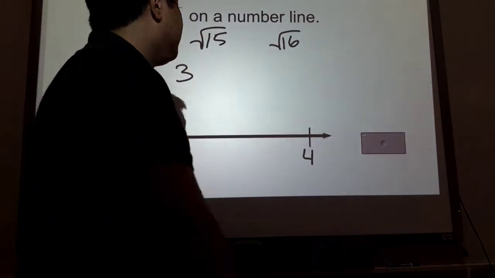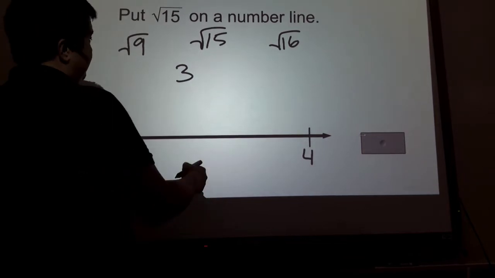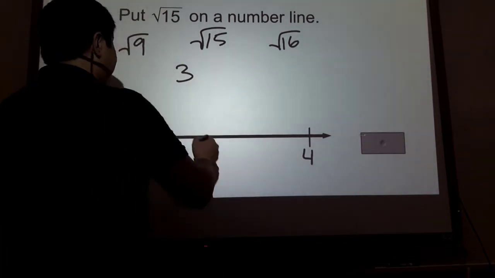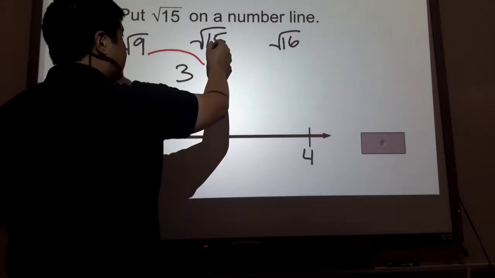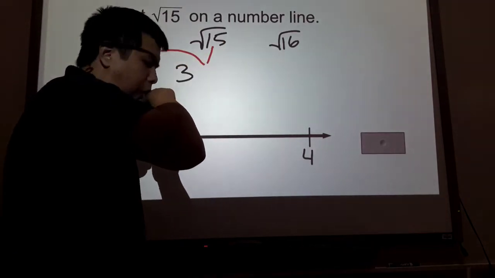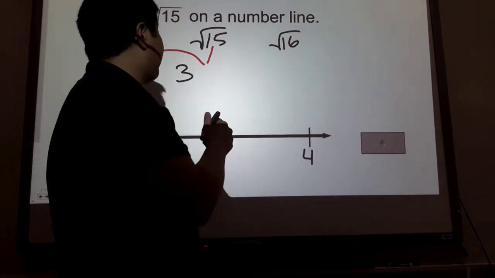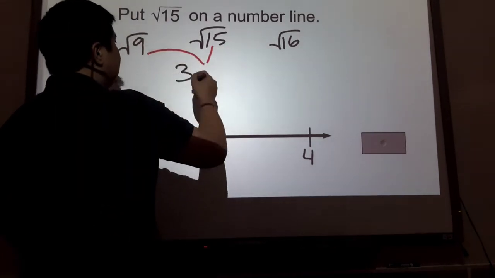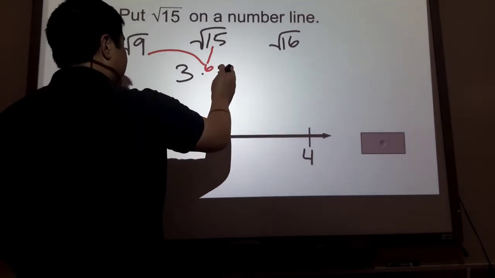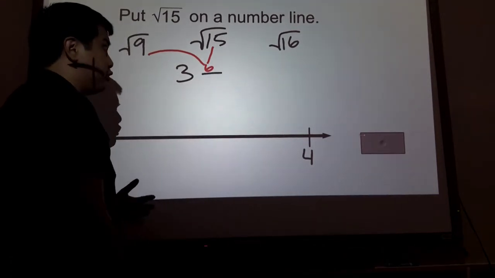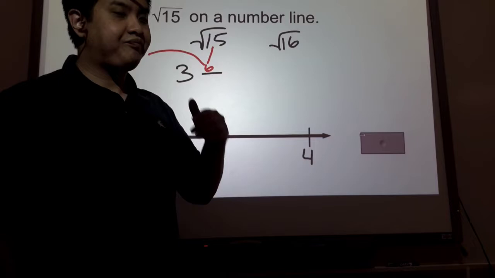The numerator is going to be found by finding the difference between the lower perfect square and the number, the square root of the number that we're trying to find. So 15 minus 9 is 6. That is going to be the numerator of the fraction that's going to be very close to the actual square root of 15.